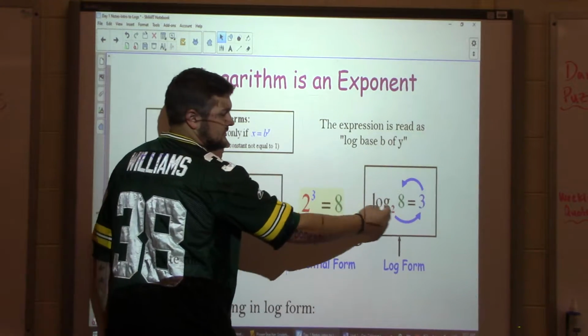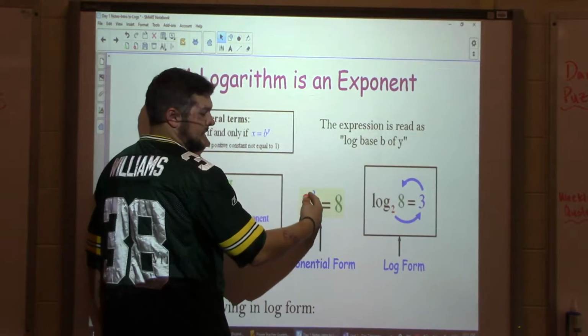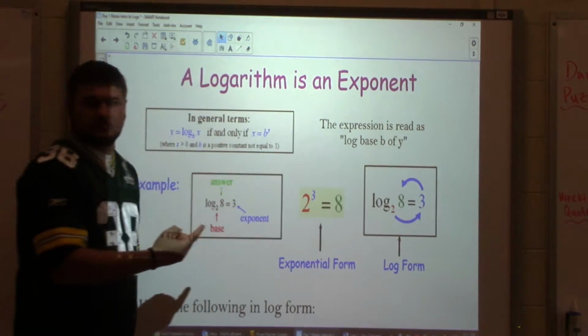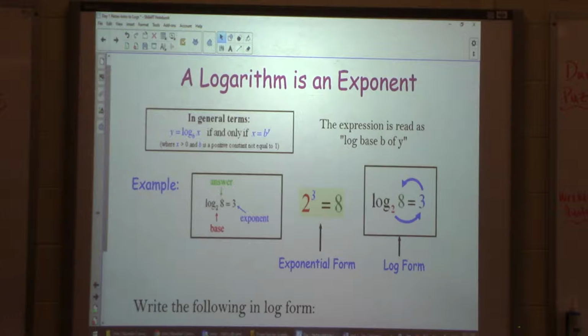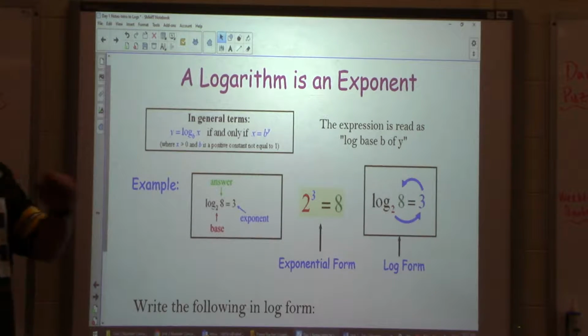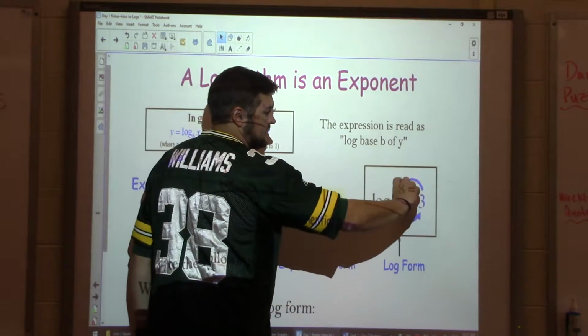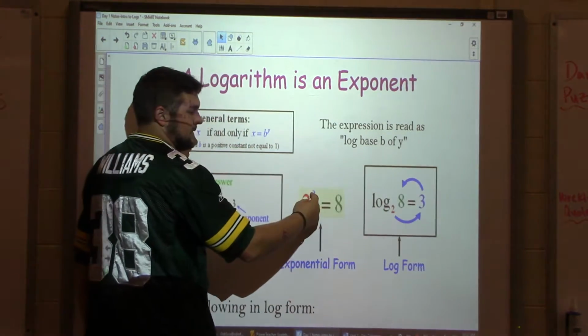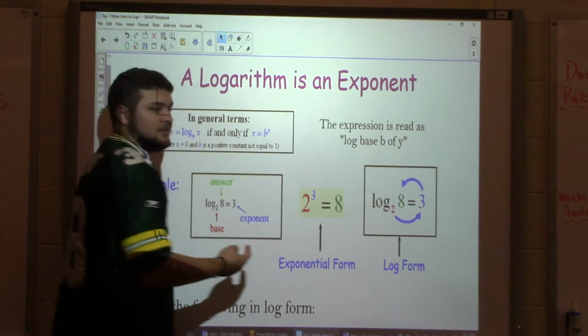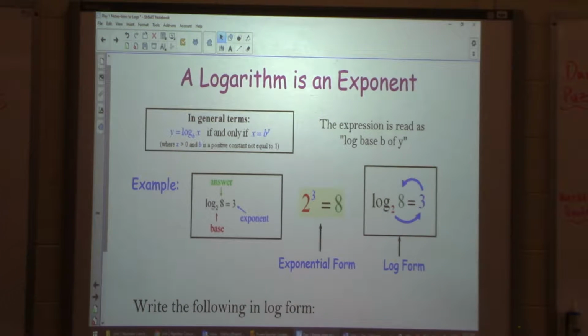When my exponential equals what I'm taking the log of, and my exponent is going to be what it equals. Alright? So that's how I switch from exponential to log. And same thing going backwards. The base becomes the base. 8 and 3 switch sides. 3 becomes my exponent. 8 becomes what it's equal to. Right? That's our big focus for today, is being able to switch from log to exponential, exponential to log.